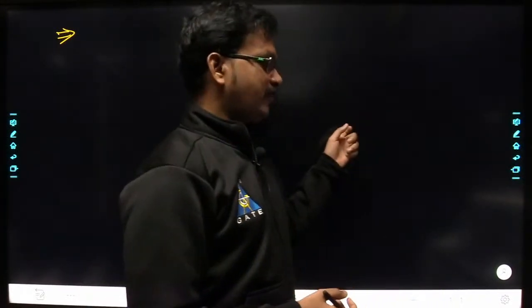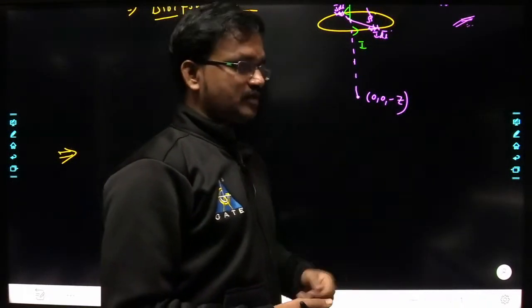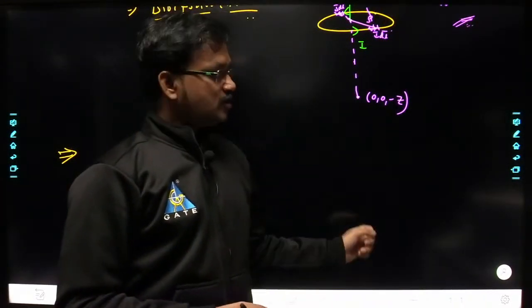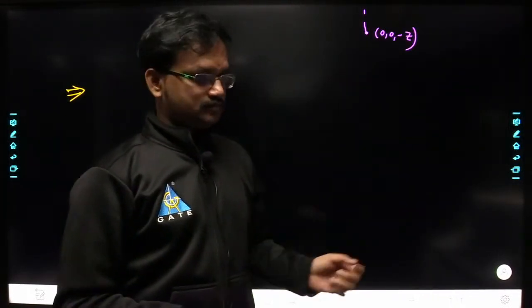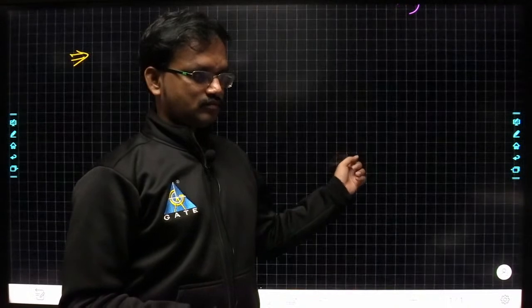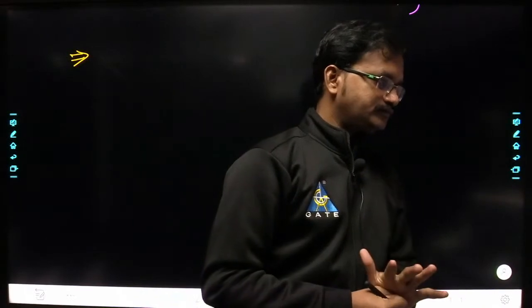While determining the B field at 0, 0, minus z, if you got any doubts, you can ask me. While doing the expression on your own, if you are getting any doubts, you can ask me. That's what I am asking, right? Yes, Paras moon.